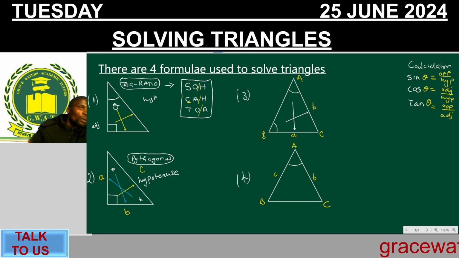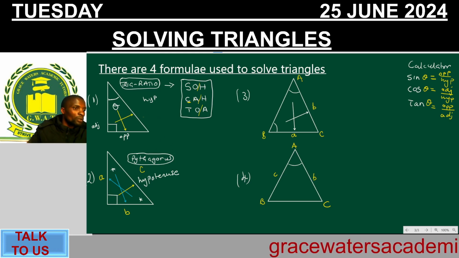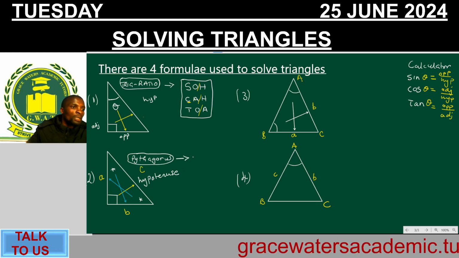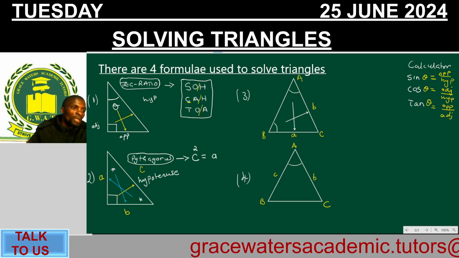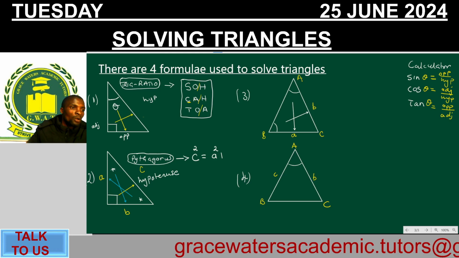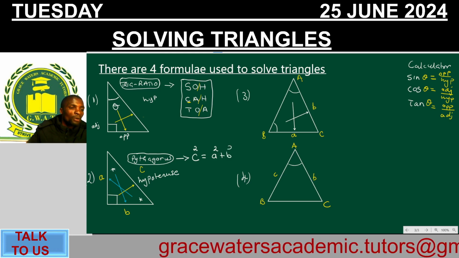Okay, so we need to consider triangle 2. Triangle 2 has no opposite and it has no adjacent. So you cannot use SOHCAHTOA or the trig ratio. So it uses the Pythagoras theorem, which says c to the power of 2 is equal to the sum of a to the power of 2 plus b to the power of 2.